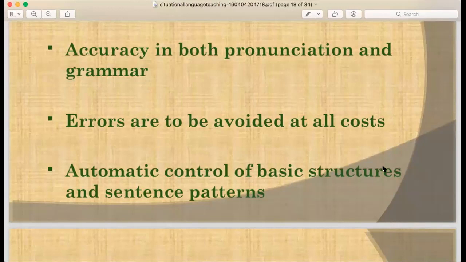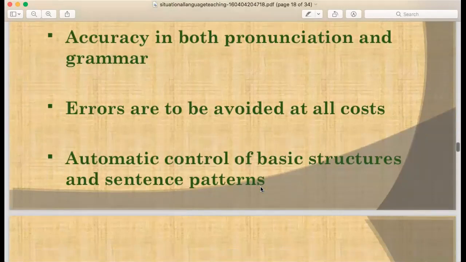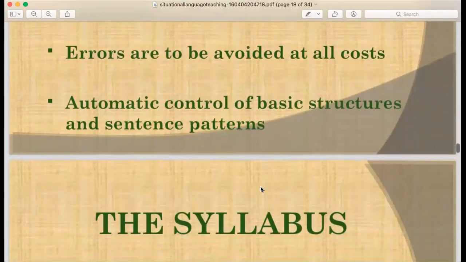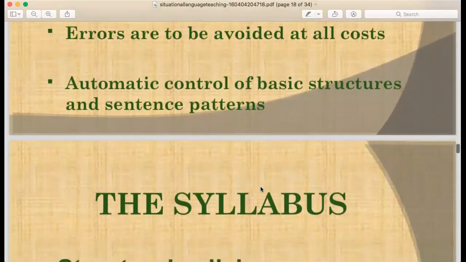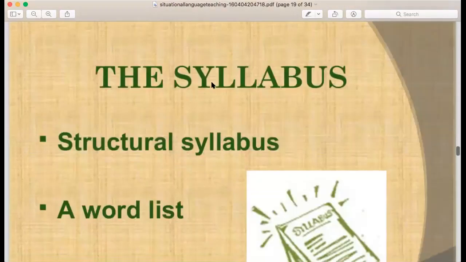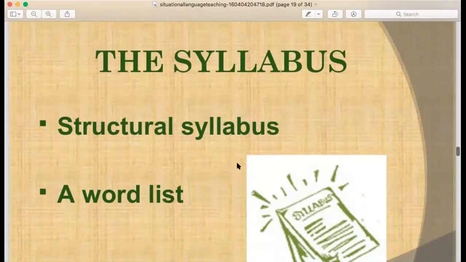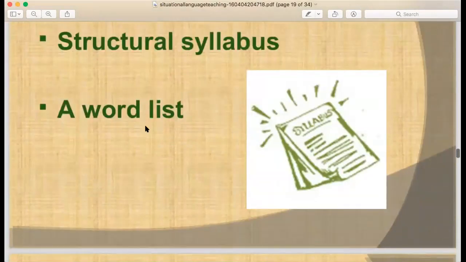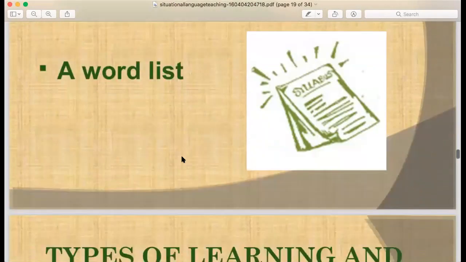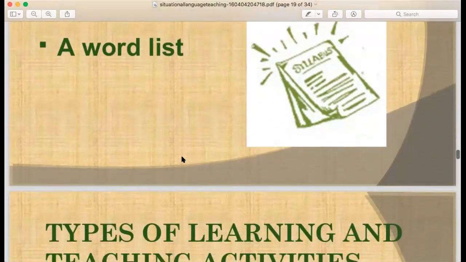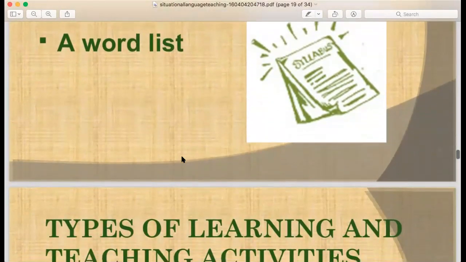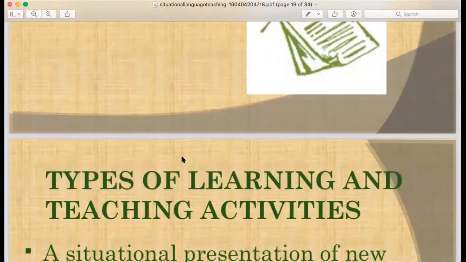So basically this method works with the basic structures and sentence patterns. Okay, because it's for daily communication. Now, what kind of syllabus? Of course, the structure syllabus, and there is a list of words, which I told you have been developed by Palmer and Hornby after the research on what are the common words that someone might need on the daily basis.